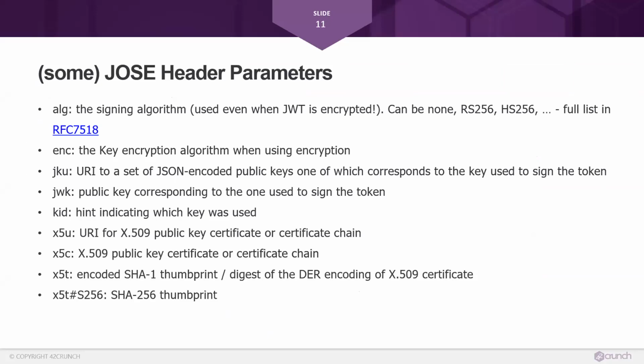So JWT tokens are actually a JWS, a JSON Web Signature structure, that has been encoded using base64 URL encoding. And in this structure, you will find first a JWT header.